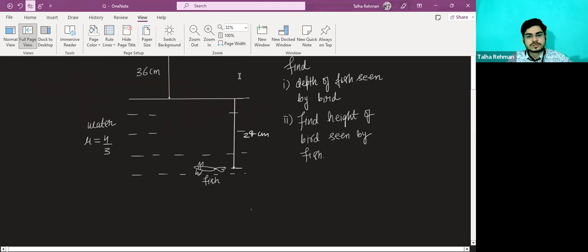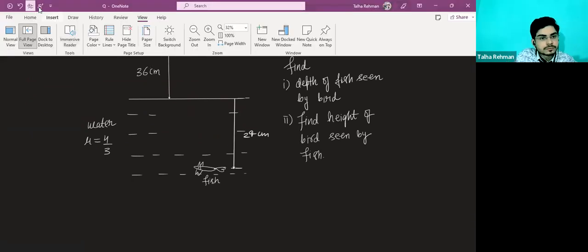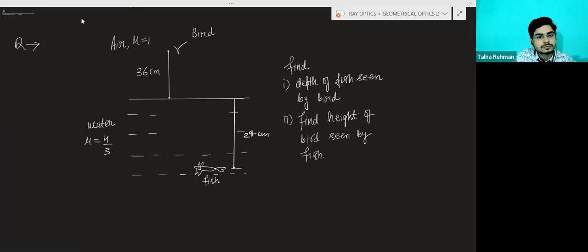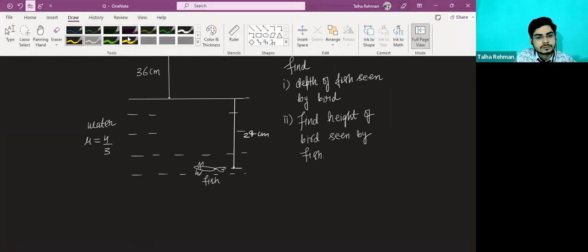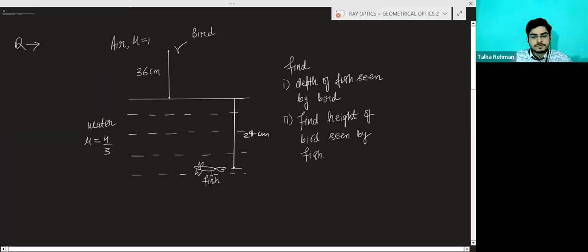So this is the question. So here is water, and there is one fish under this water, and this fish is at a depth of 24 centimeter from the surface. This is the interface, you can say.